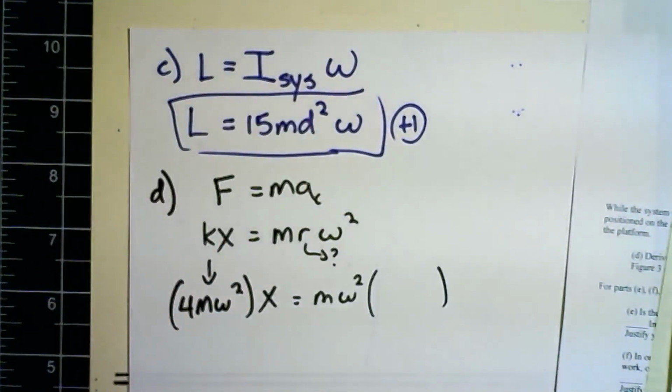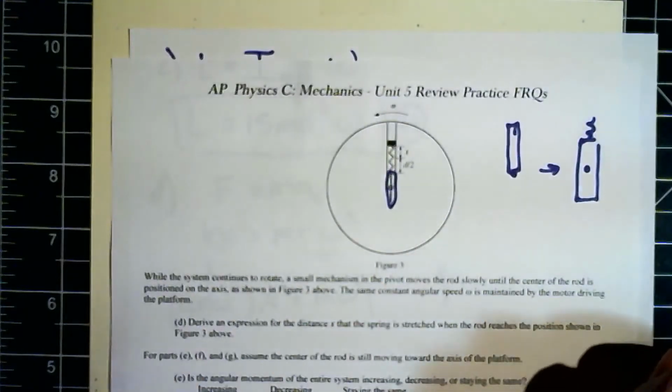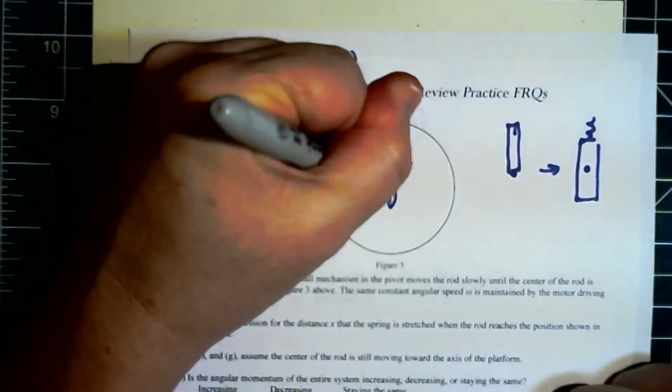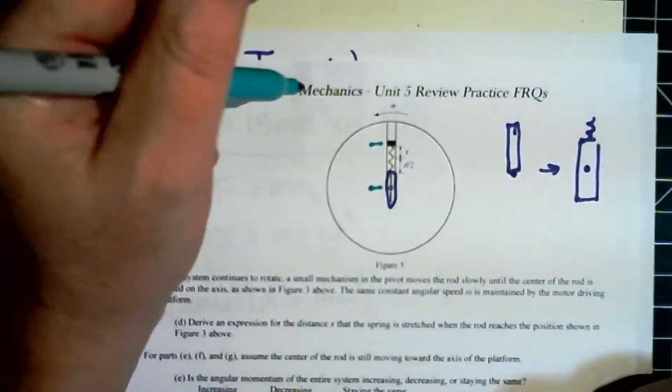Okay. Well, in this case, it's the distance from the pivot to where that spring is. So if you look at this new diagram, my r value is from here to my mass, because that's the thing that is being centripetally accelerated.